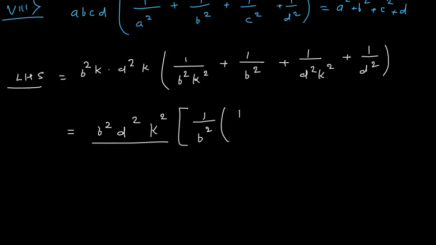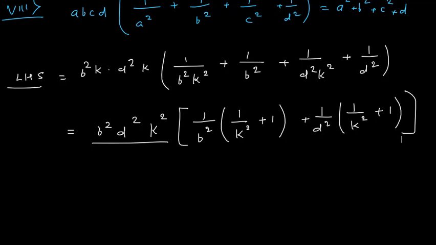So here we have 1 upon k square plus 1. Similarly, here 1 upon d square I will take common, and here we have 1 upon k square plus 1. I don't want these denominator parts.